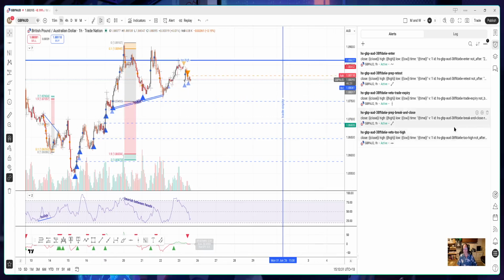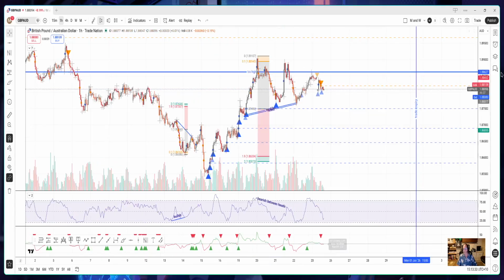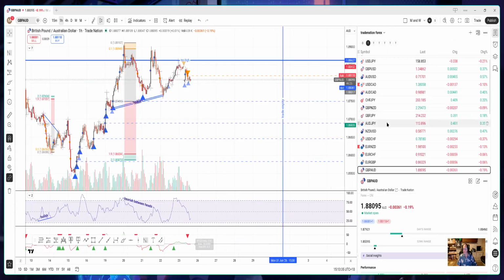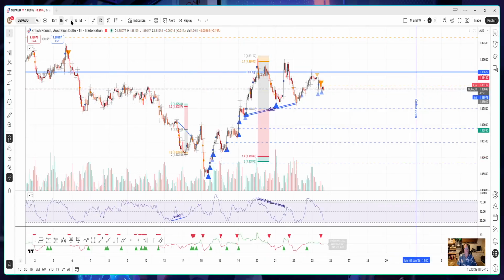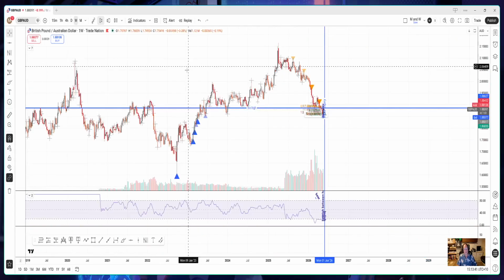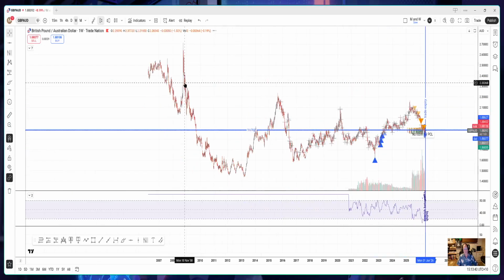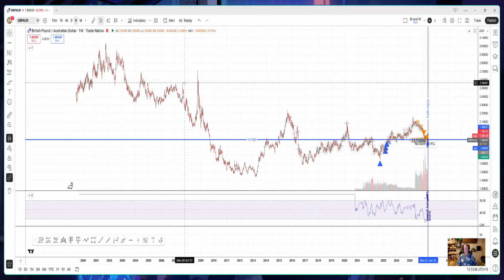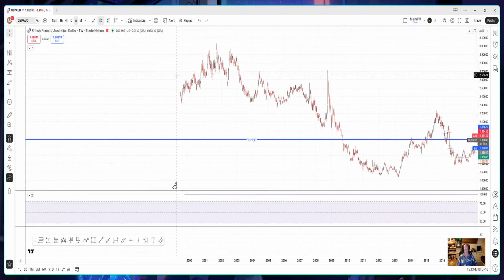Okay. So this is a break. We're going down again to pound Aussie. So I'm just going to annotate the weekly trend lines and all that. This is going to be super boring, but relaxing, I guess.